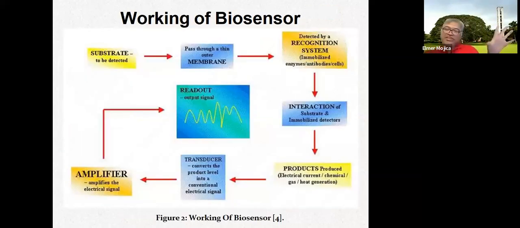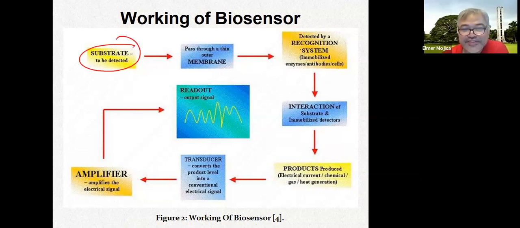Okay? So if you're going to look at the working principle here, so you have what? The substrate to be detected. So the analyte diffuses from the solution to the surface of your biosensor. So you have the substrate here. It passes through a thin outer membrane.